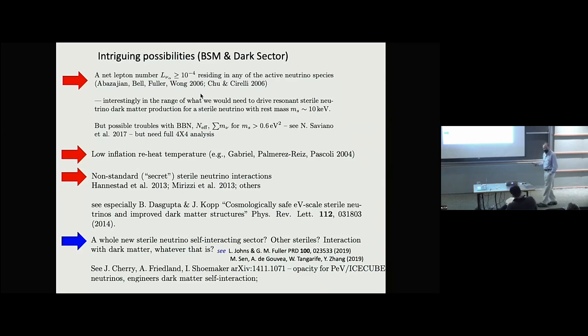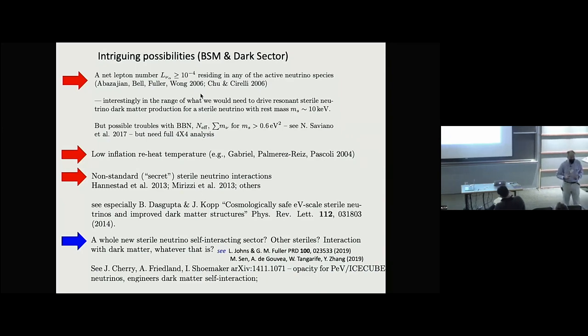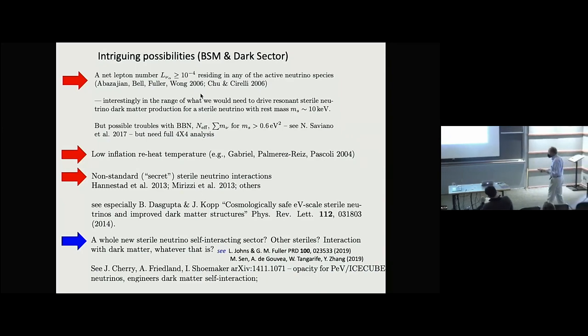If you have sterile neutrinos that have their own rich self-interacting sector, then you can do interesting things in producing sterile neutrino dark matter, for example, that will evade your bounds, keV. For example, this paper by Mani Bhaumik and Andre, and this one by Luke Johns and myself.